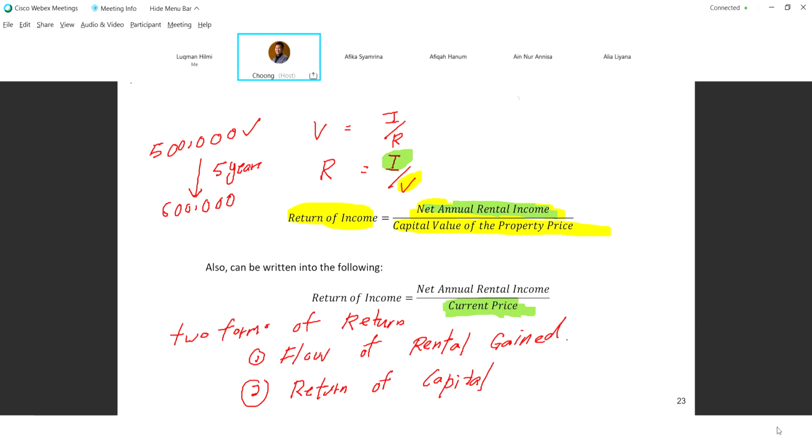Jarang ada property kalau you beli 300,000 and then you jual balik selepas 10 tahun dia jadi 200,000 macam. Jarang ada berlaku lah. Really unusual condition that the price is down. Are you agree, class? Or you disagree?